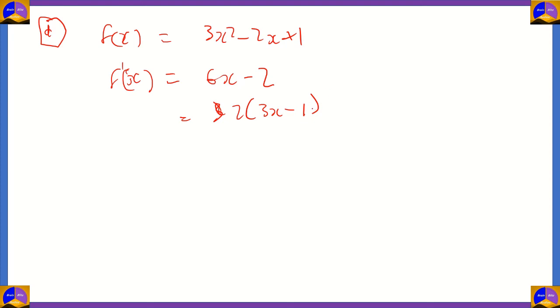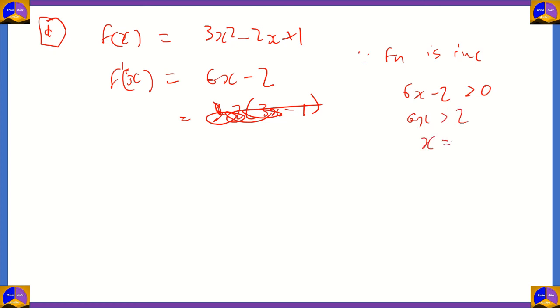Or instead of taking that, since the function is increasing, you can just take 6x minus 2 directly as greater than 0. So 6x is greater than 2, x is greater than 2 by 6, so that means x is greater than 1 by 3. So according to the differential, as the function increases, x must always be greater than 1 by 3.